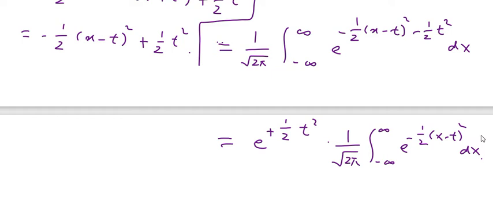The x goes from negative infinity to positive infinity, so x minus t also goes from negative infinity to positive infinity. So this integration has nothing to do with t. This is actually the constant, this is 1. Okay, so we find the moment generating function for the standard normal is this function.